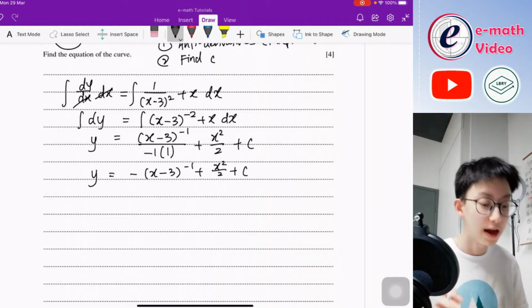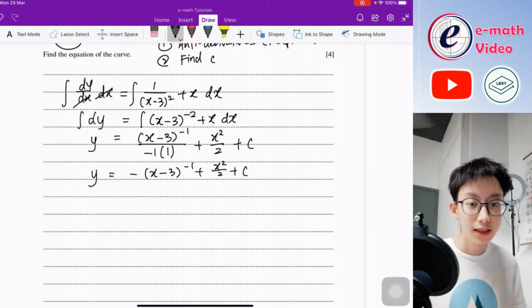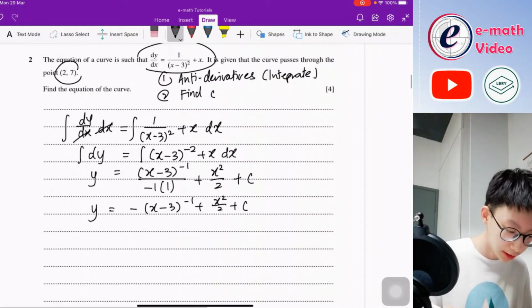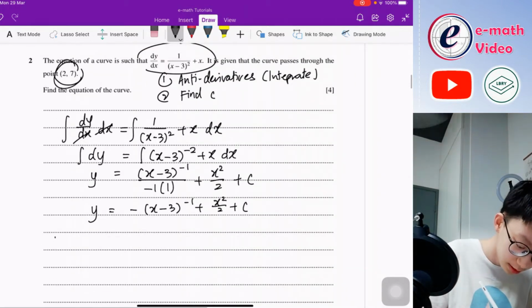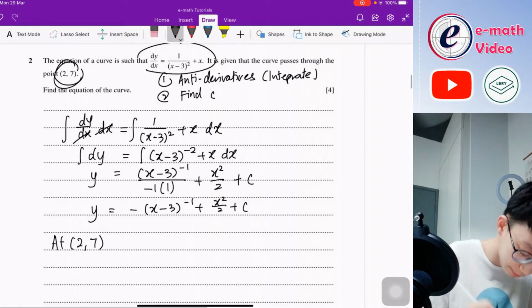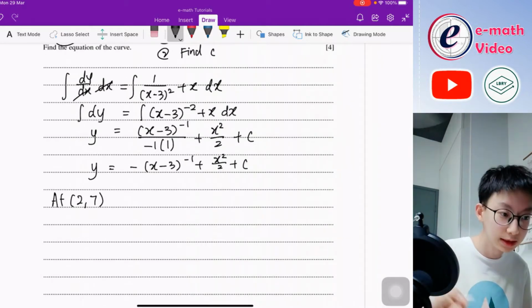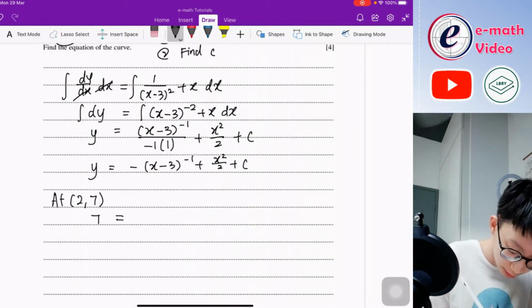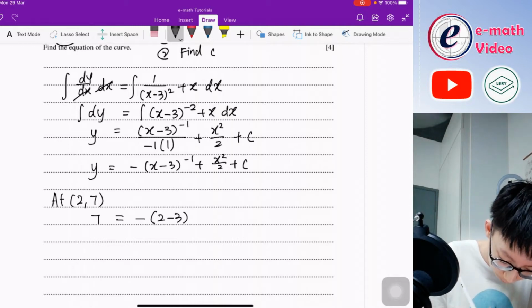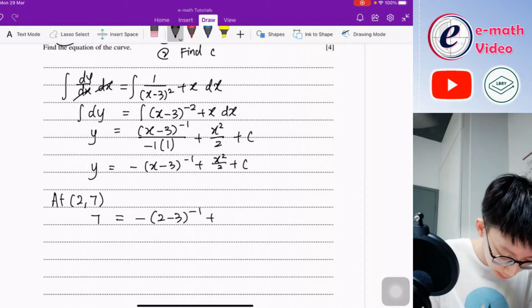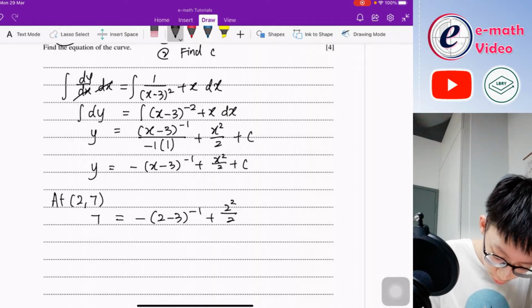And now you want to find the value of c. In order to do that, the point given is (2, 7). At (2, 7), your y is 7 and your x is 2, so 7 equals negative 1 over (2 minus 3) plus 2 squared over 2 plus c.